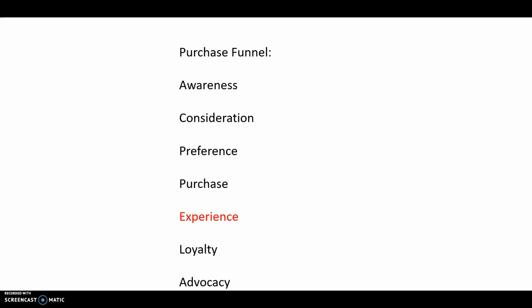So now there's 7. I'm adding experience. Luckily, it still works. So after you buy something, you use it. And then you like it. It can be built into loyalty and advocacy.